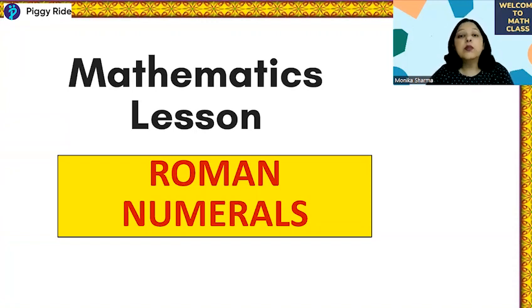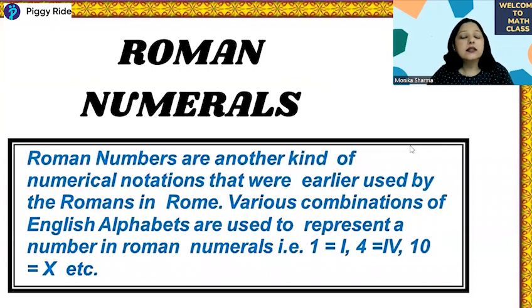So, first of all, what are Roman numbers? Roman numbers are another kind of notation which was earlier used by Romans in Rome. Various combinations of English alphabets are used to represent a number in Roman numbers, like 1 is represented with I, 4 with IV, 10 with X, etc. With the help of alphabets, we can represent numbers.